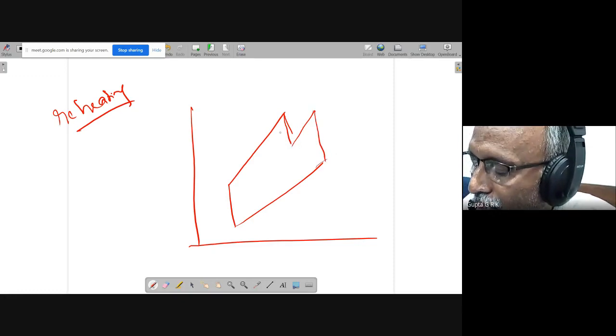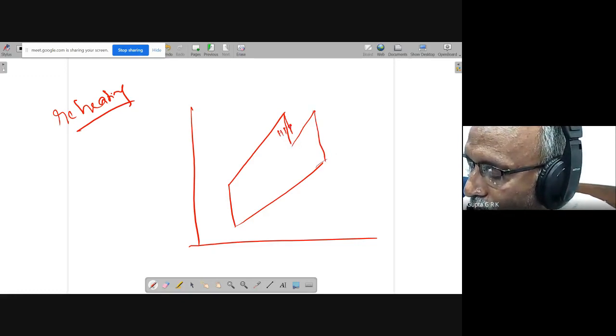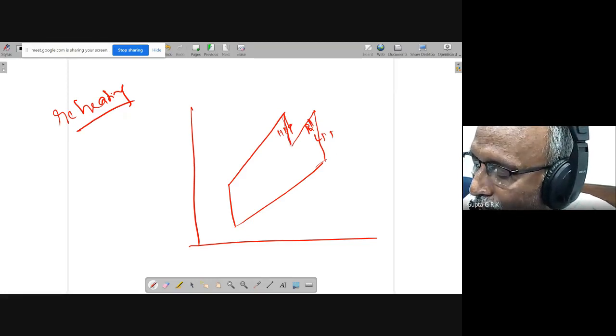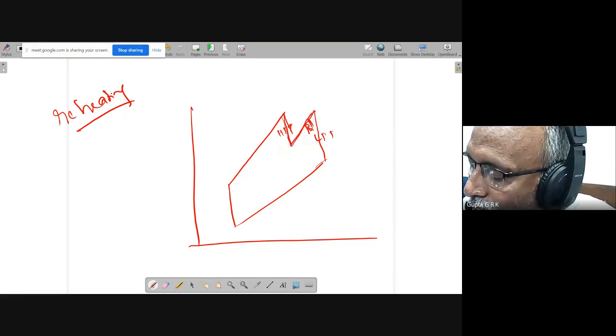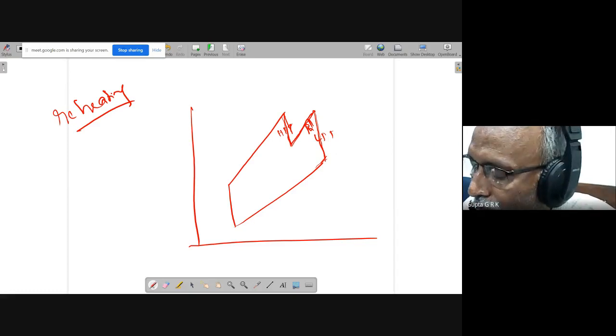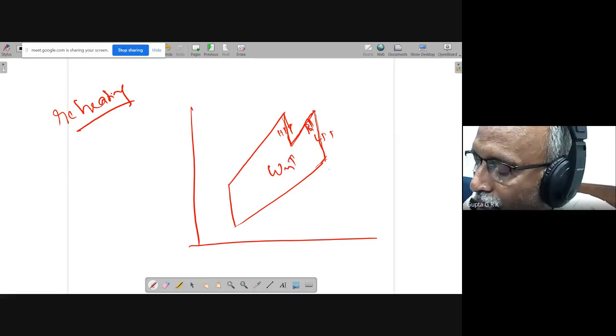This is HPT, this is LPT, and this is the reheater. After some expansion, I heat the gases again, and then the remaining pressure ratio I expand in the second turbine LPT. You can look at this diagram: W net increased because the area is increasing.